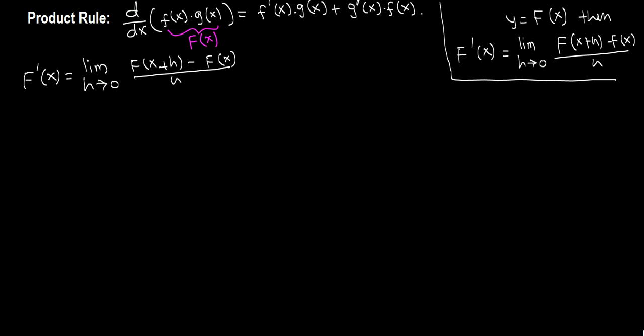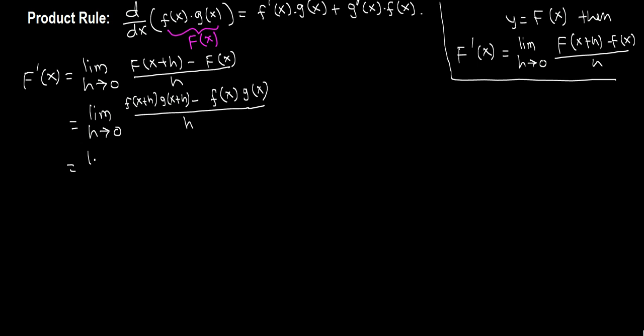Okay, that's from the definition, provided this limit exists, which is the same as the limit as h goes to 0 of F of x plus h minus F of x, and F of x is this product, just f(x) times g(x). Okay, this F is a product of f and g. Same thing here. Now F of x plus h would be the same thing, f(x) g(x), but x is replaced by x plus h, so this would be f of x plus h times g of x plus h.